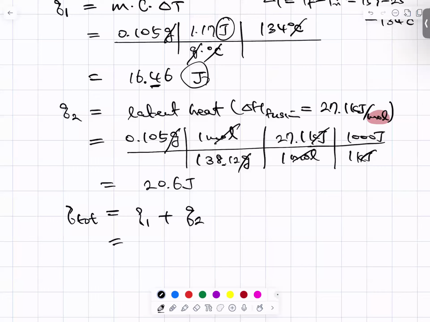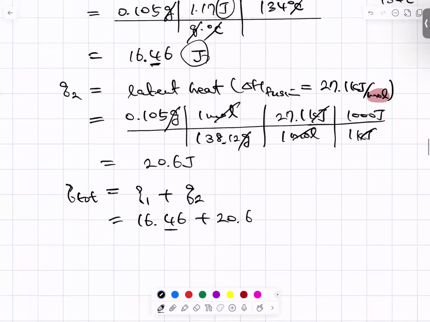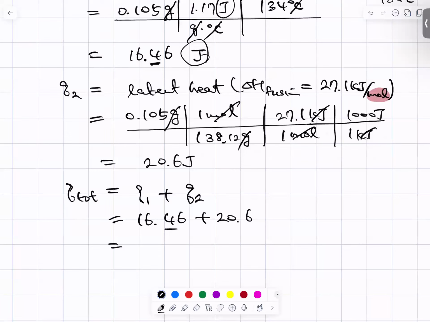Then it is 16.46 joules plus 20.6 joules, which is 37.06, and finally 37.1 joules. So this is the final value.